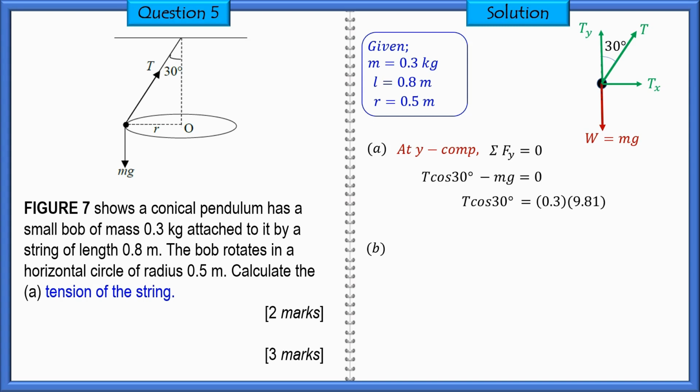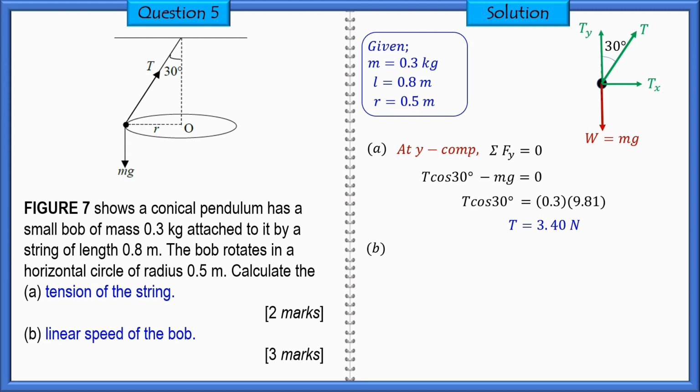The pendulum is only moving in a horizontal circular path. At the y component, we have Ty and W. Ty is T cos 30, W is mg. You substitute the values, and you can calculate the tension in the string is equal to 3.4 Newton.